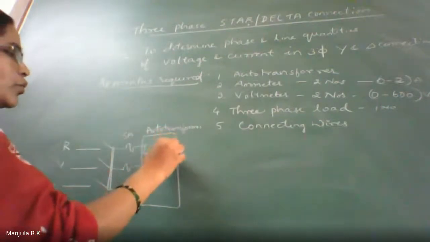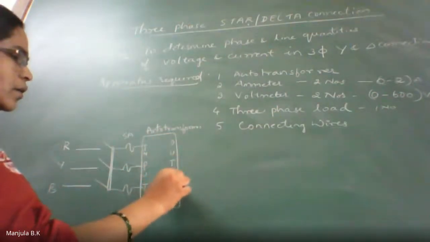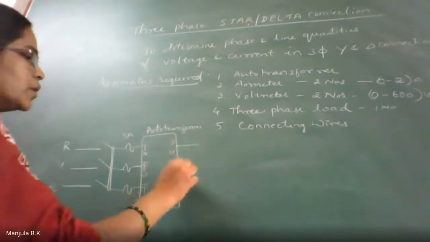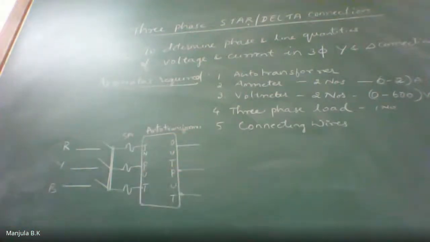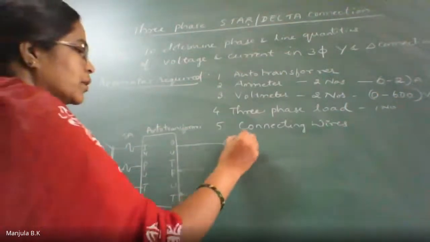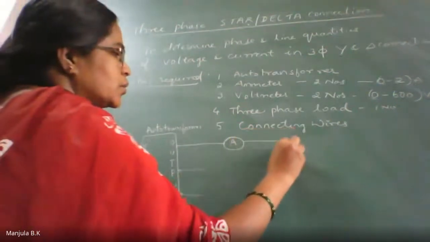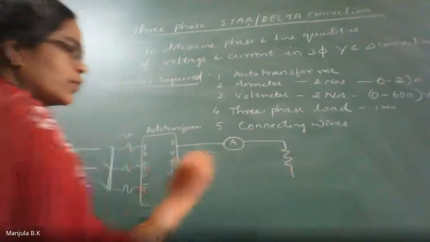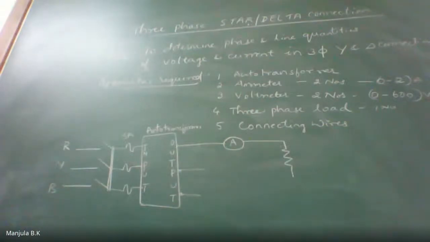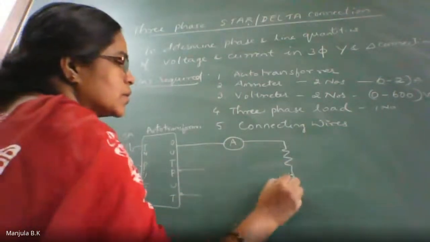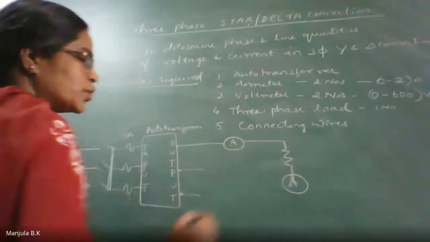See, the output of the auto transformer we have to take out and draw an ammeter, which is connected to the star part of the load. This is one more ammeter which should be connected here.